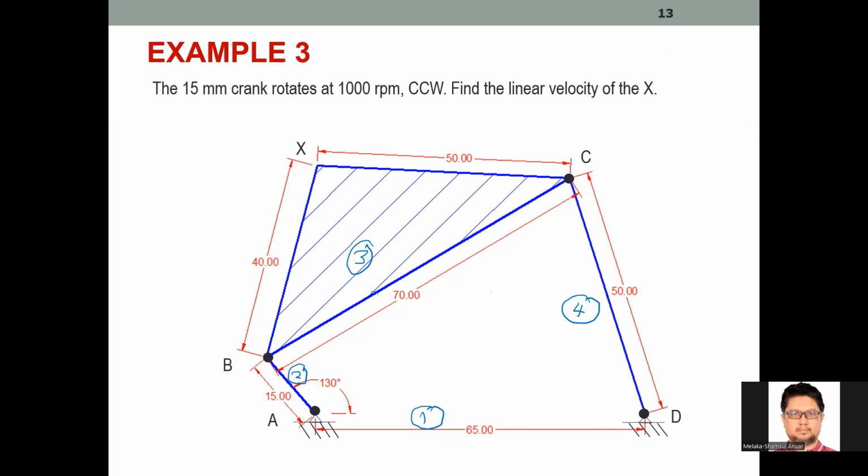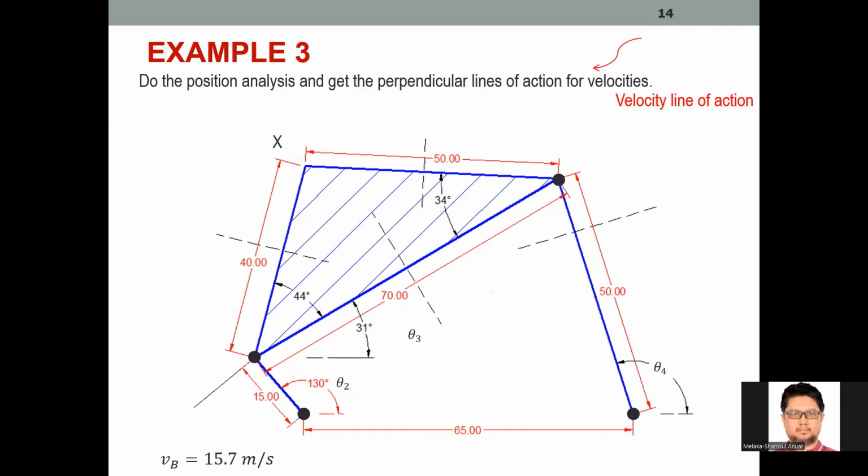Let me check. 15.7 meter per second. Let me check that calculation, see what unit it should be.